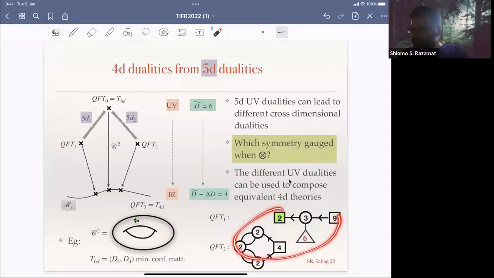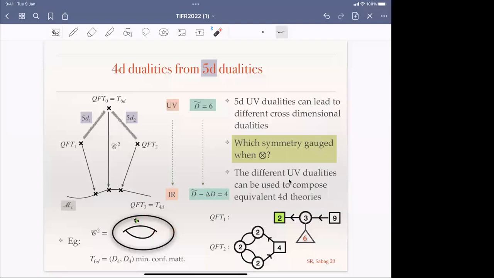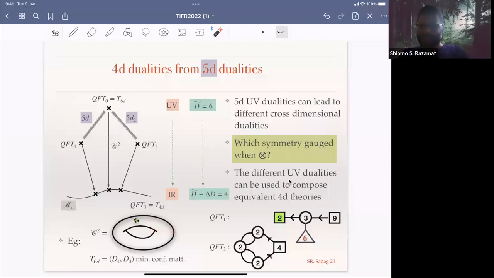So you take this surface, this torus with 1 puncture, and you cut it into a 3-punctured sphere. But then you need to specify what it means to cut it, like what type of puncture you will get here. In this particular case, you can have different types of punctures. I'm oversimplifying a bit, but that's how it goes.